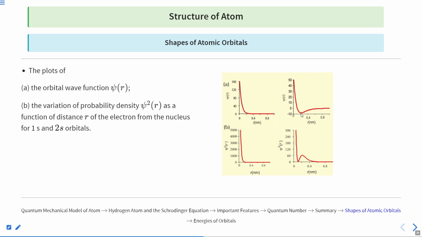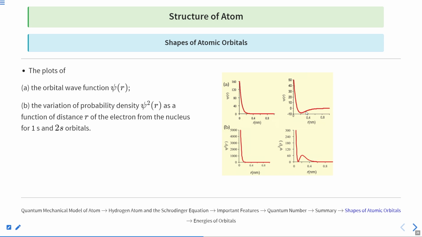Initially it falls down, then it again begins to rise, and then again it falls down. So what does this depict? This falling here, where it has touched the origin, or has touched zero probability, says that there is a node here.